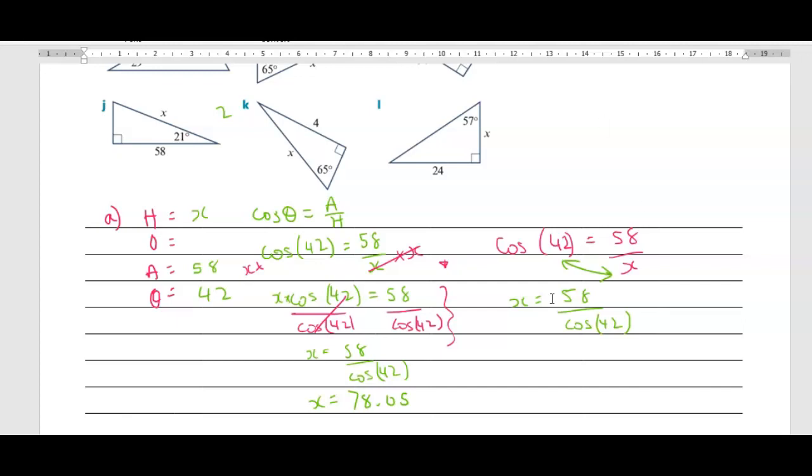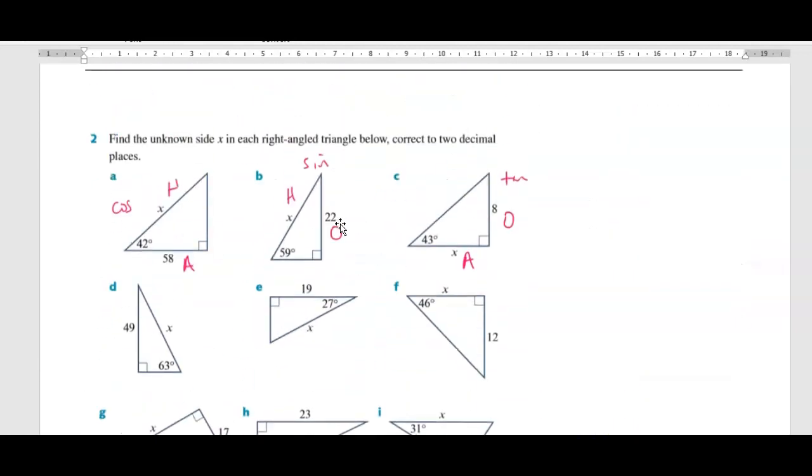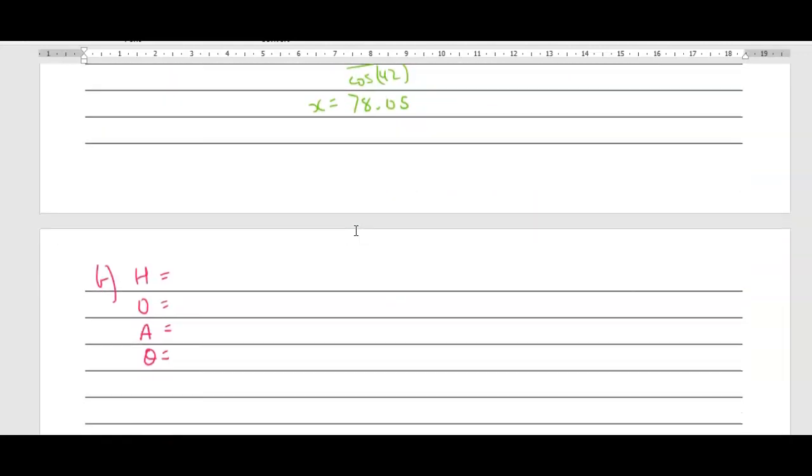So let's have a look at question B. So where are we? B, HOA theta. Scroll up. So we've got x, 22, 59. We're not looking at the adjacent side, so I'll just cancel that out. So we're using sine theta equals opposite over hypotenuse. Substitute everything in.